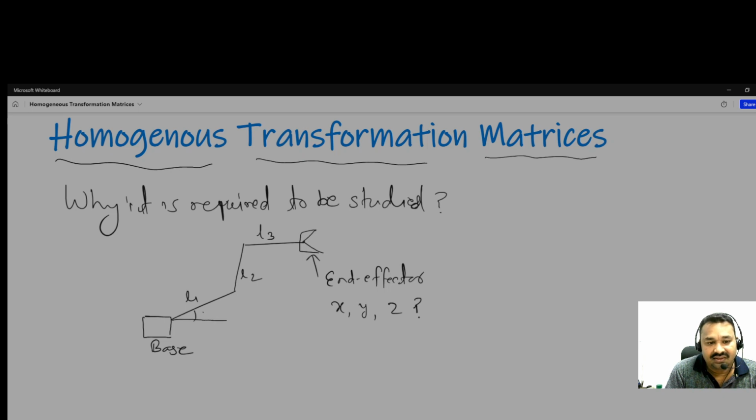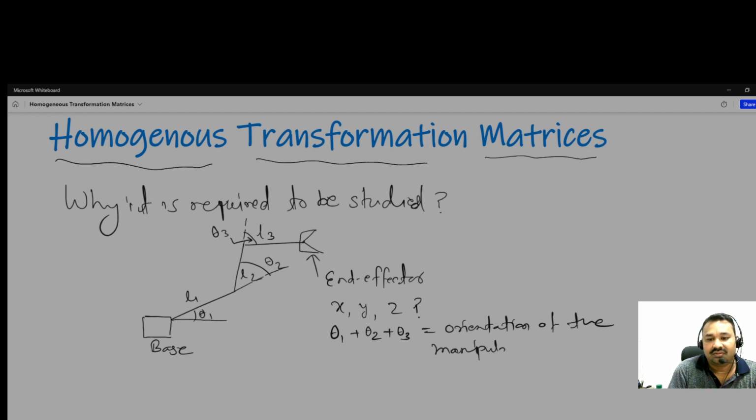Like this theta 1, this theta 2 and third one theta 3. So theta 1 plus theta 2 plus theta 3 means the orientation of the manipulator, means the robot.